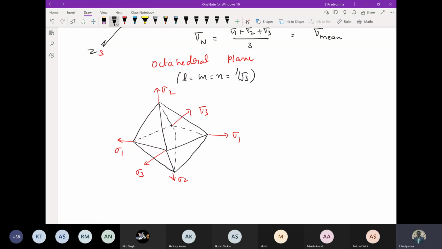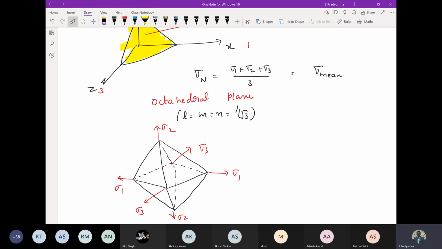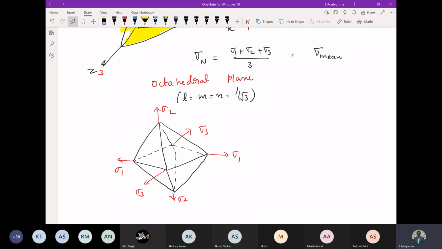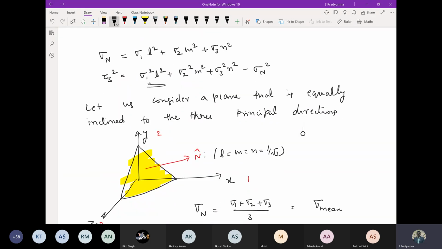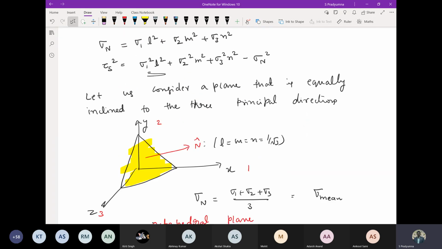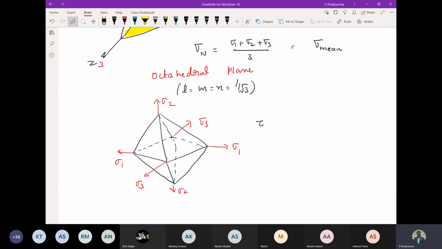That means the normal and shear stresses we can write. The normal stress value is equal to sigma mean, and also I can use this equation to write what is the tau S on this plane. So what is the value of shear stress on this plane? I call it tau octahedral. It is nothing but tau S.